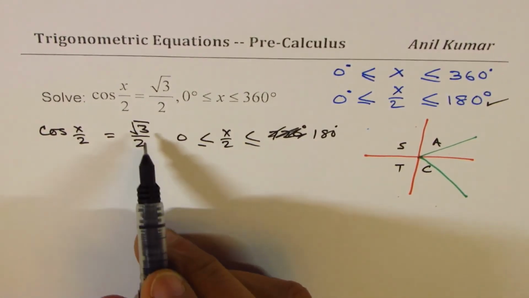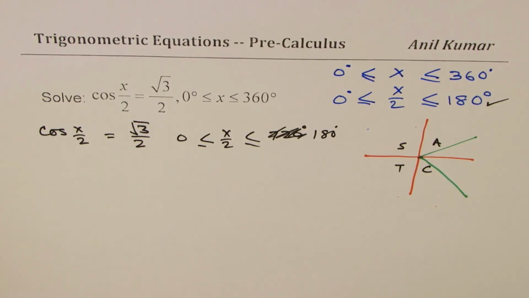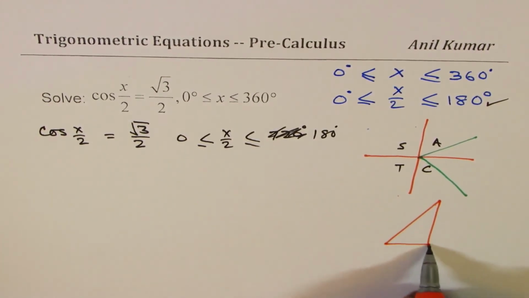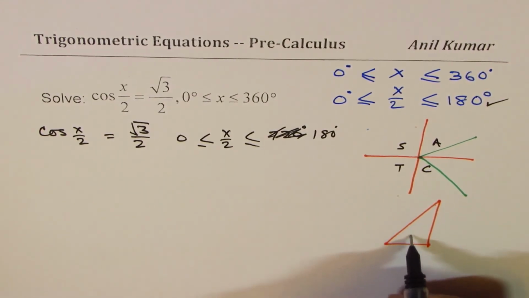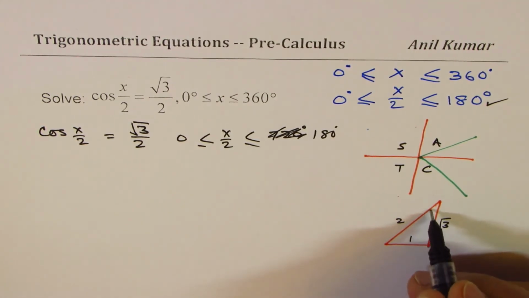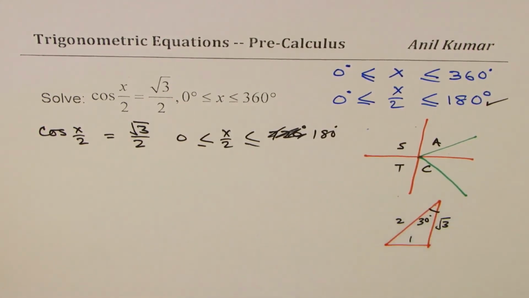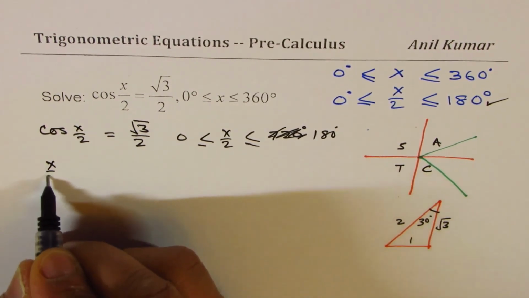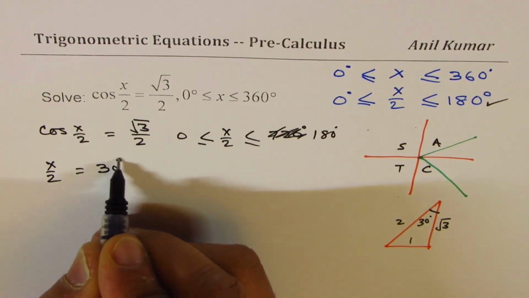Now square root 3 by 2, the special triangle 30, 60, 90 works for us, right? So we have 1, 2, square root 3. For cos equals square root 3 by 2, we're looking at this angle, which is 30 degrees, correct? So one of the solutions is 30 degrees, since it is positive. So we can say x by 2 is equal to 30 degrees.